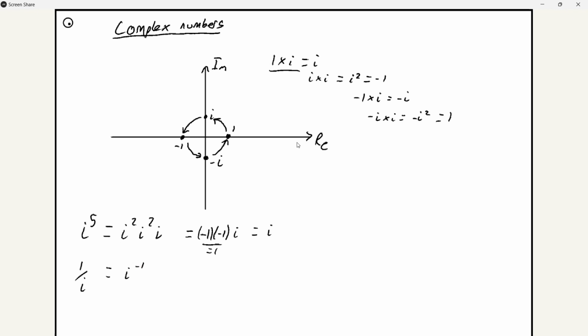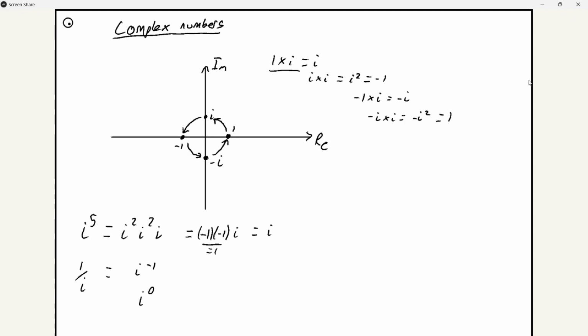Now, what do we do with this? Because i to the 1 is just i. We can figure out why 1 over i is minus i. First of all, by showing 1 over i is i to the power minus 1. And then also using the fact that i is cyclic.